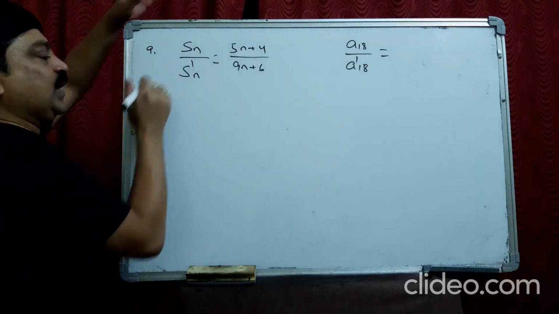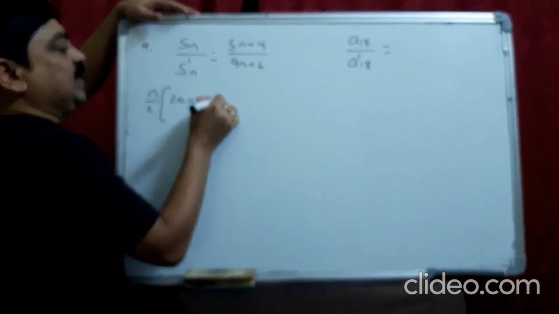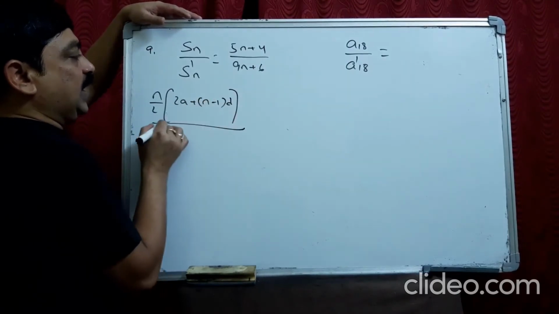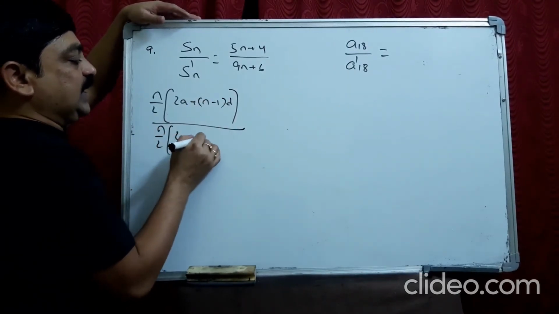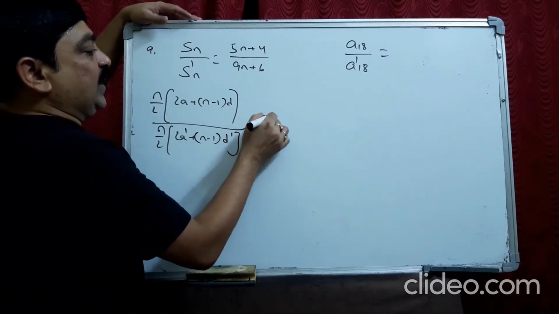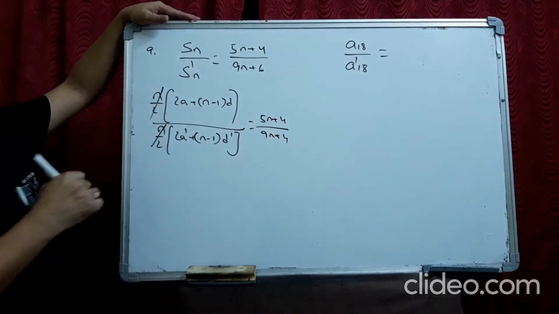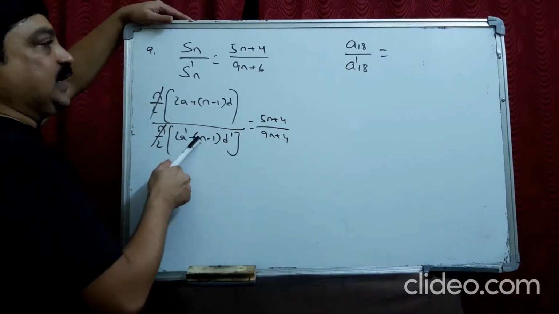Look here carefully. Sn by S dash n will be n by 2 of (2a plus (n minus 1) into d) by n by 2 of (2a dash plus (n minus 1) into d dash), is equal to (5n plus 4) by (9n plus 6). You can cancel these two. Now I compare this with this.